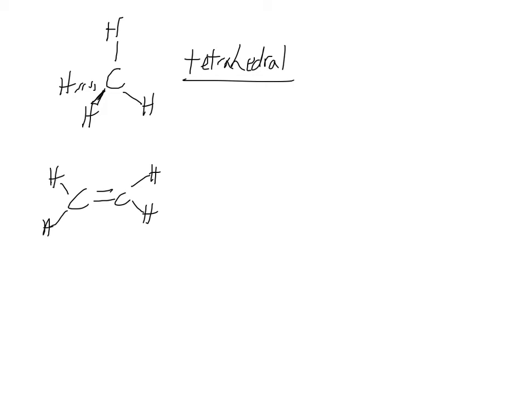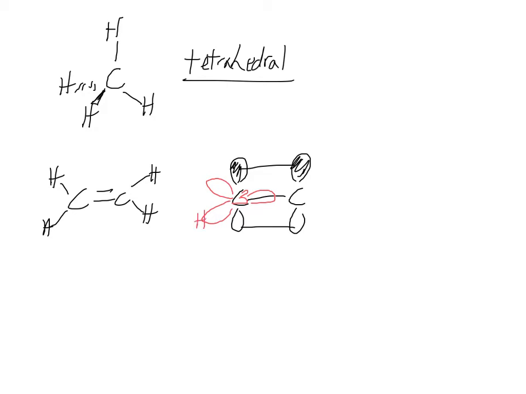So the carbon here, we have a pi bond. I'll draw the pi bond in black. So you see the pi bond there? That accounts for one of the bonds of an sp2 hybridized carbon. I'm going to draw the sp2 orbital there, and the other sp2 orbital there.